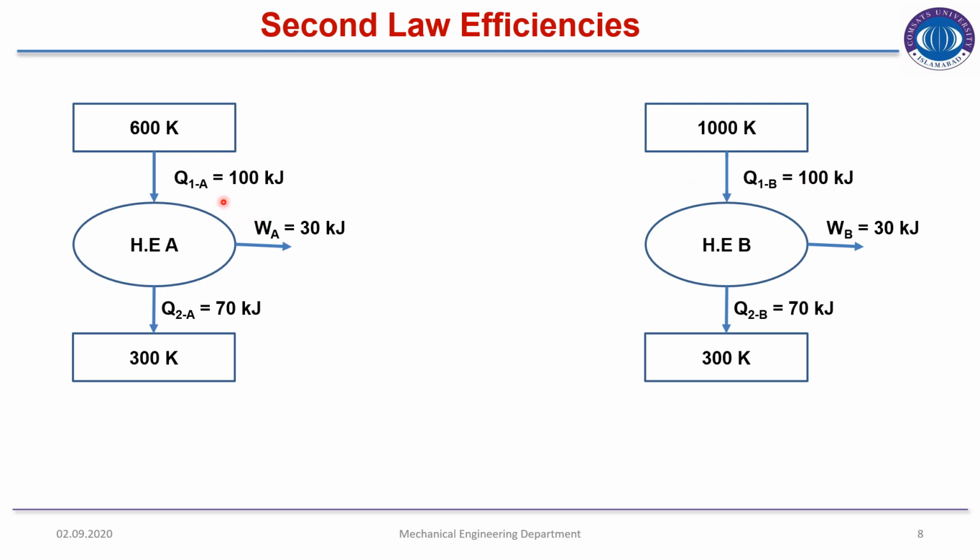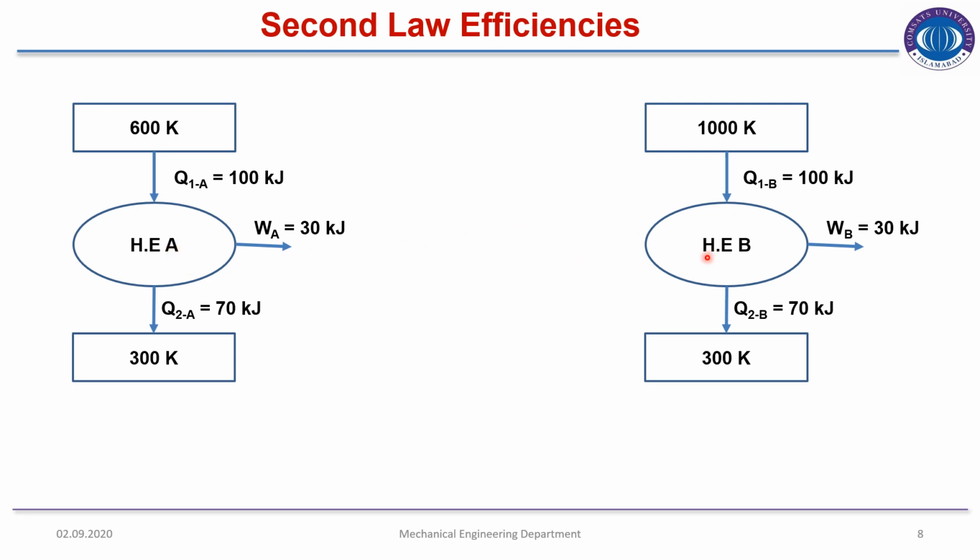The same amount of heat, 100 kilojoules, is absorbed from the source into heat engine B, 30 kilojoules of work is produced, and the same 70 kilojoules is rejected into the sink, which is also at 300 Kelvin.